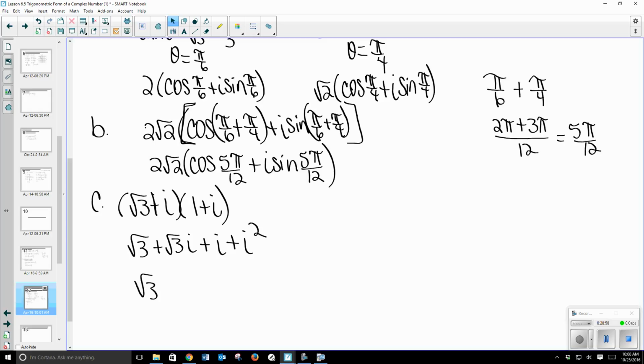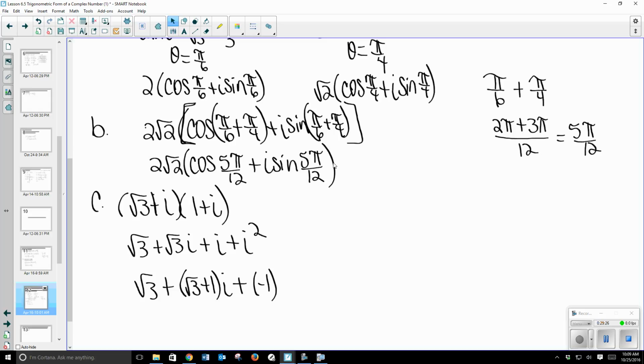So that's root 3 plus root 3 plus 1 i plus, what is i squared? Negative 1.